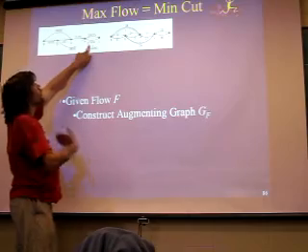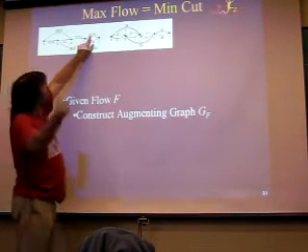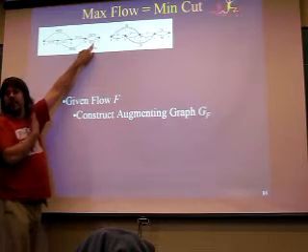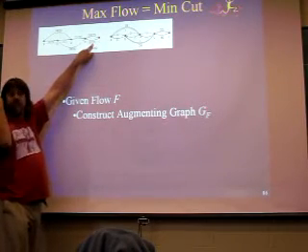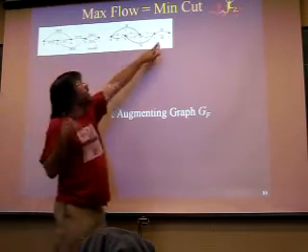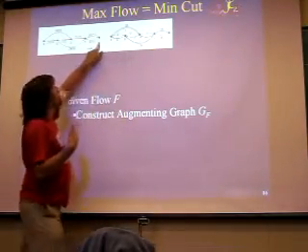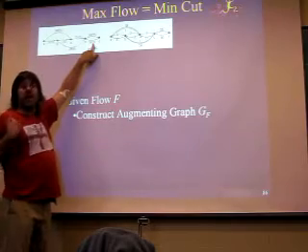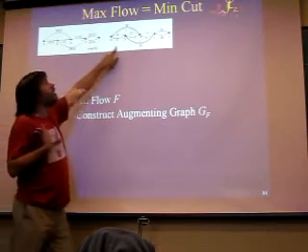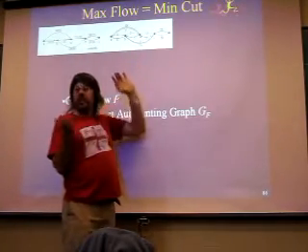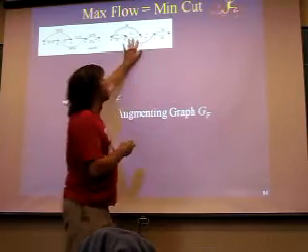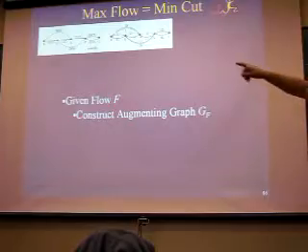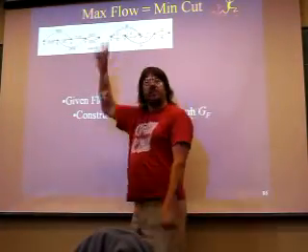How much can we push back? Well, we can undo the 50, and then we can do another 10. So the amount we can change in this direction, we're not allowed 60 in this direction because the capacity is 10, but we can change the flow in this direction by 60. Everybody kind of get that? So for every edge you do that, and if the edge has capacity 0, then you delete it.